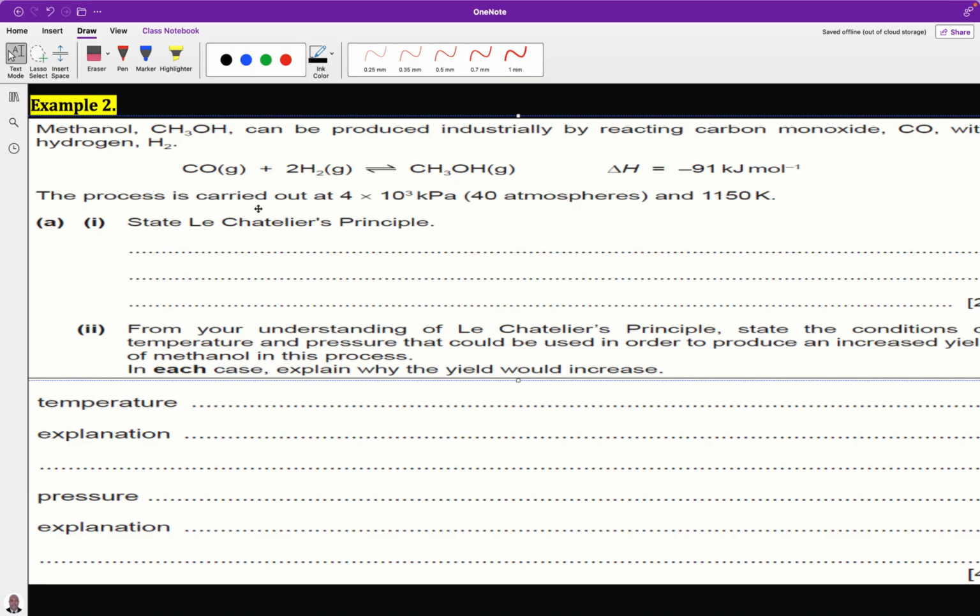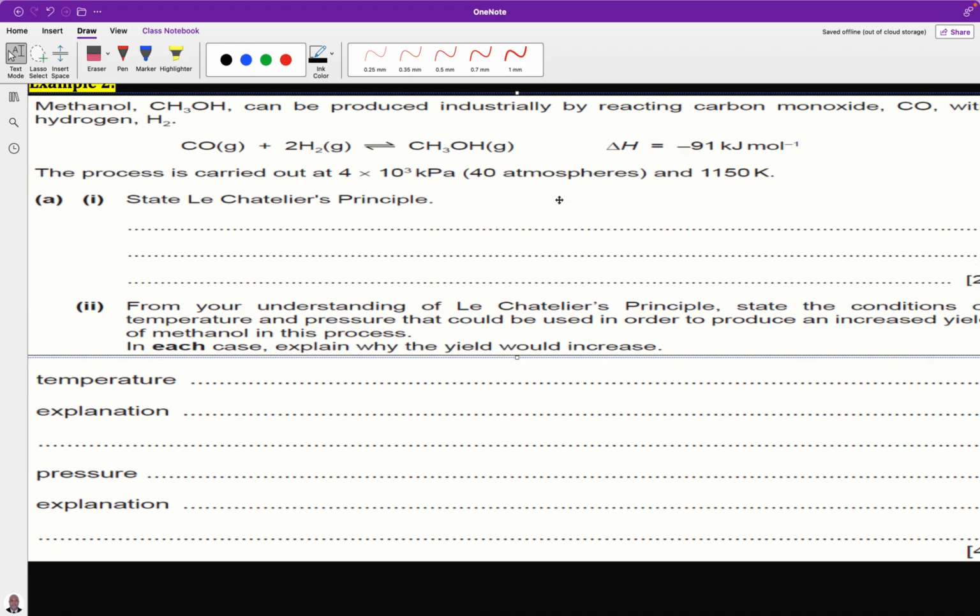The process is carried out at 4 times 10 to the power 3 kilopascal, that's 40 atmospheres, and 1150 Kelvin. A. State Le Chatelier's principle. We have stated that.